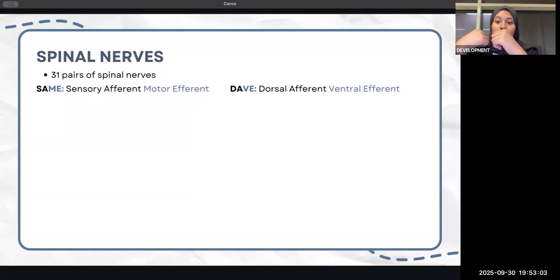Motor efferent: your CNS is like, okay, I want to hit back. So I'll send the signal towards my periphery and I'll hit back. So sensory afferent, motor efferent. DAVE: dorsal afferent, ventral efferent. If we connect them together, dorsal is sensory, ventral is motor. Okay, guys? I hope this made sense.